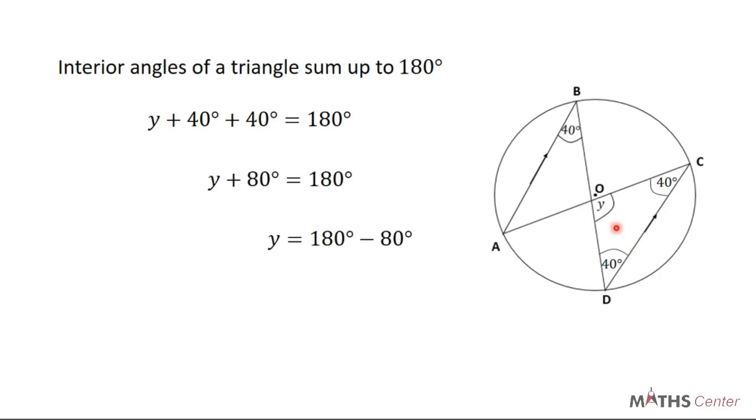When we simplify this, y is giving us 100 degrees. So y is giving us 100 degrees. So you see here, we had parallel lines, so we're able to add alternate angles to the other properties that we've learned, and use that to find the value of y.